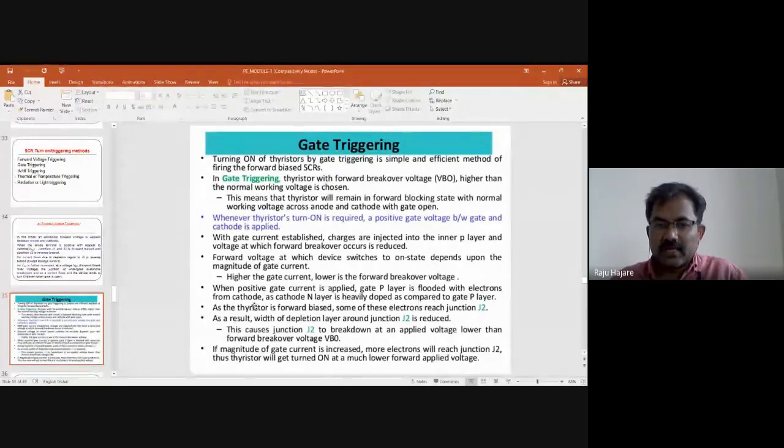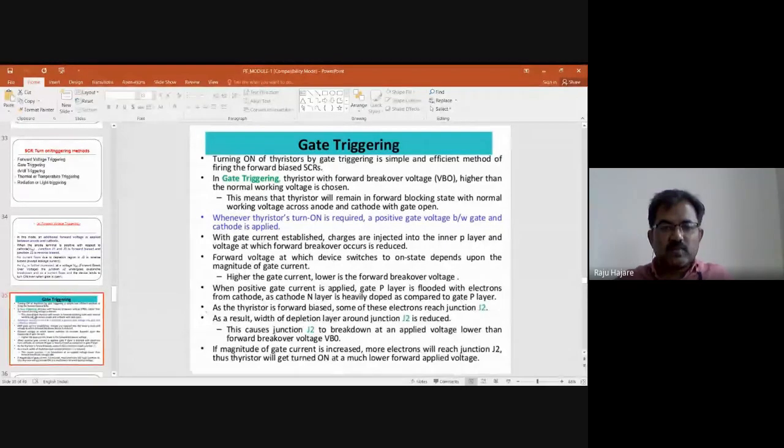As the cathode N layer is also heavily doped compared to the P layer, the width of the depletion layer around junction J2 is reduced. That is why junction J2 breaks down at this breakover voltage with the gate current. If the magnitude of the gate current is further increased, more and more electrons will reach junction J2, and that will turn on the device.